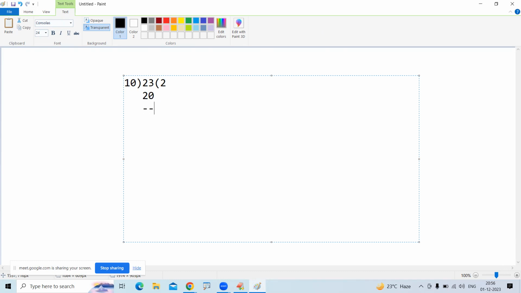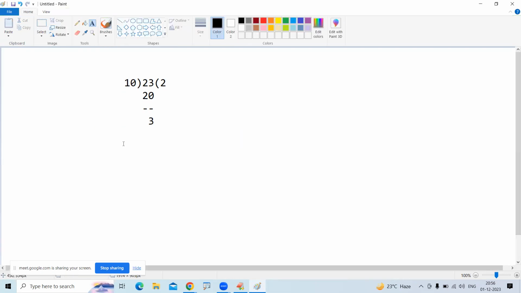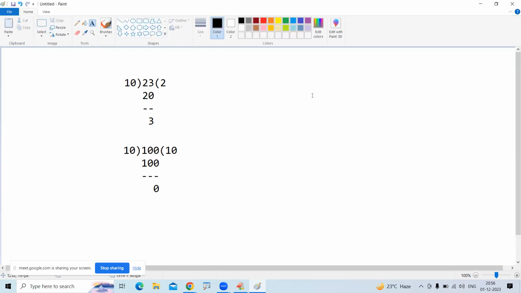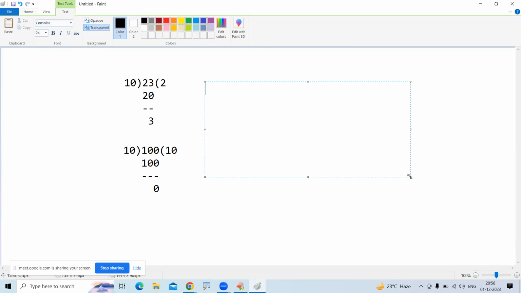So the remainder is 3. Suppose here it is 100 I am dividing with 10. 10 times. 10 tens are 100. So remainder is 0. The question is, whenever you are dividing 23 by 10, look at the output is 2.